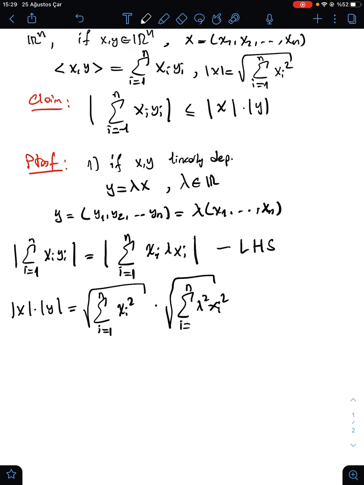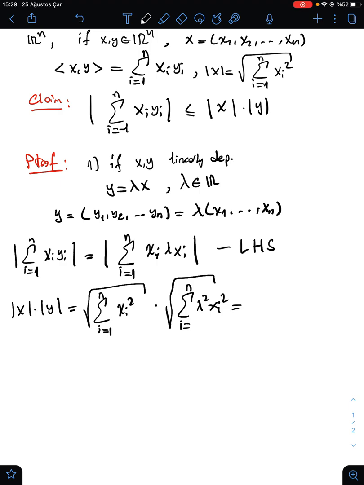Now just distribute this square root and write this as one square root. Actually, it's a bit easier than that.